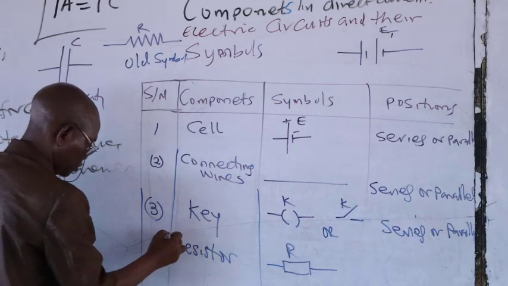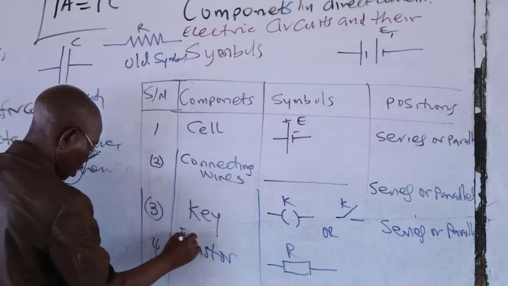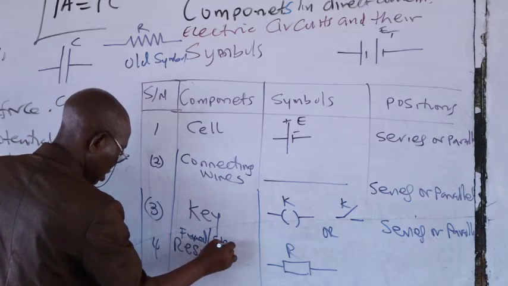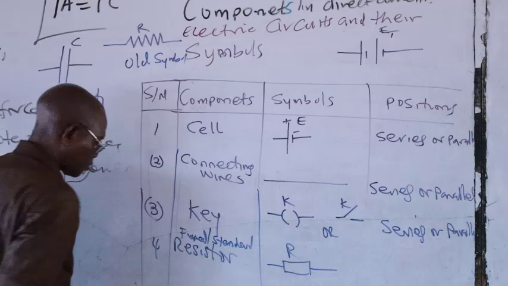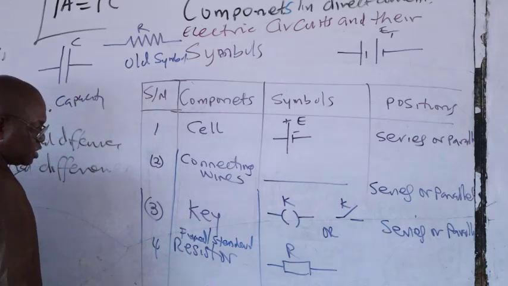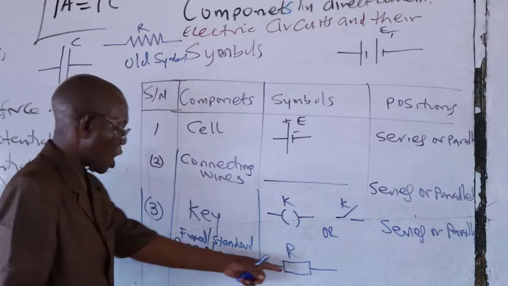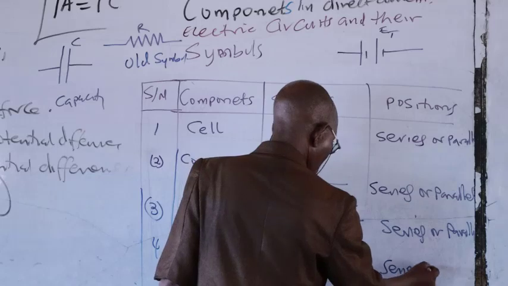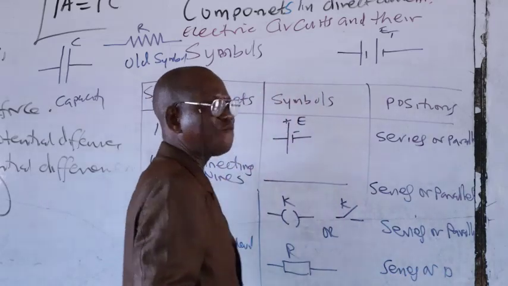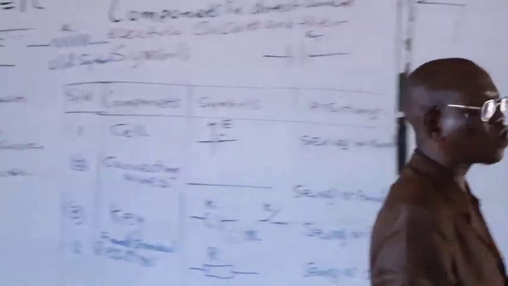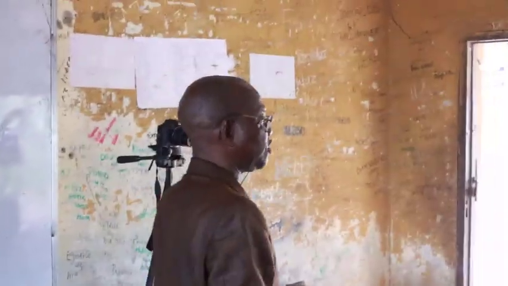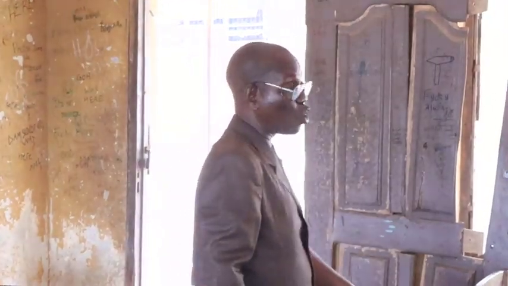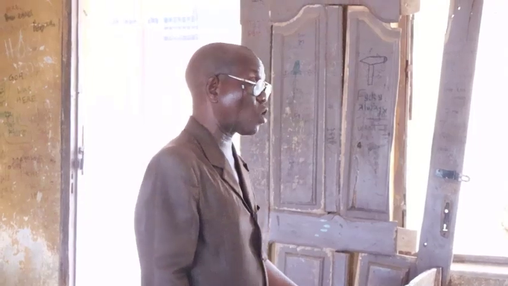You can put this one as fixed or standard. A fixed or standard resistor has this symbol, and it may be arranged in series or parallel. When we say fixed resistor, a resistor that is fixed has a value written on it that cannot be adjusted. The value on this resistor cannot be changed.